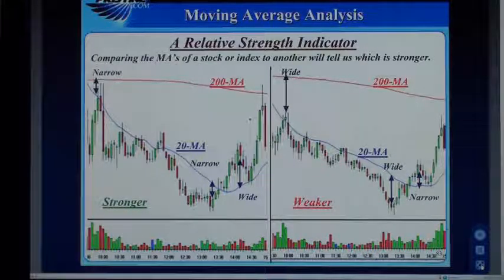When it began to rally, it rallied more sharply and moved further away from its 20 MA, whereas the one on the right moved slower and had a shorter distance to its 20 MA. And moving averages will help speed up the analysis process that we could really do without. And we'll cover this more in another section when we focus on relative strength.